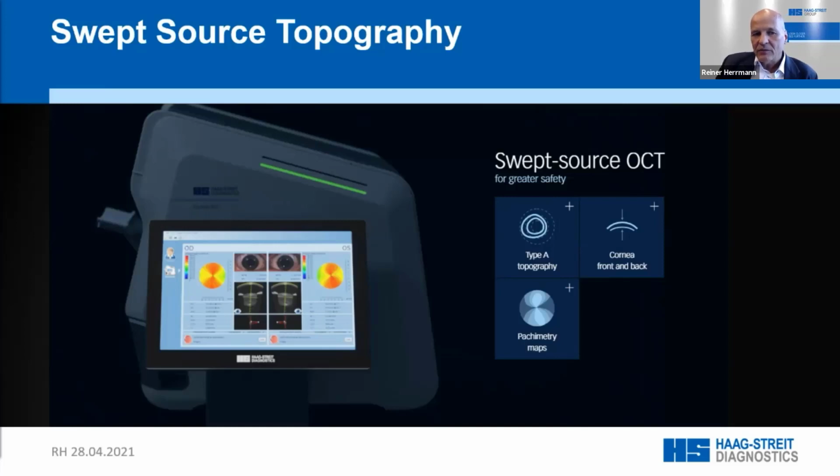And then with this topography, we provide a number of comprehensive maps of the front and the back surface of the cornea, as well as pachymetry maps in different variations. All these values can then instantly be used for surgical planning and for IOL calculation.